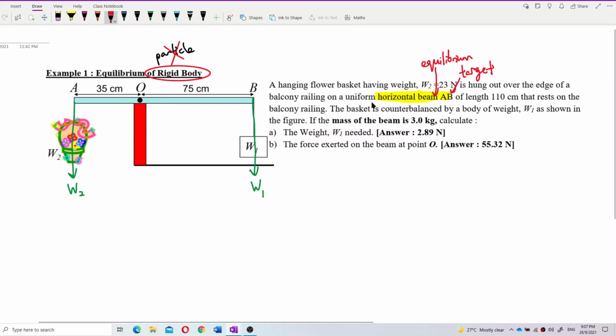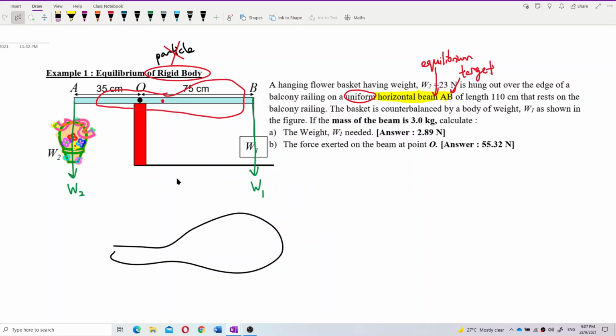If the beam is uniform, that means the center of mass is at the center, because this beam is uniform. Uniform means not one part of it is bigger than the other part. We don't say this part has bigger mass, this part has a smaller mass. No, it's uniform. If uniform, then the center of mass must be at the center. If non-uniform, remember, imagine a non-uniform object like this.